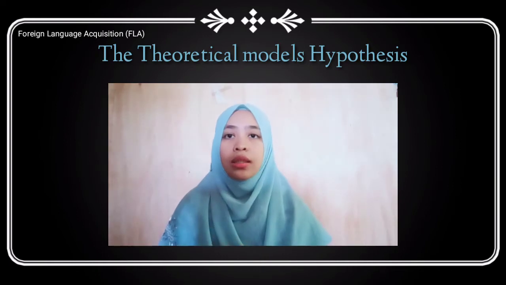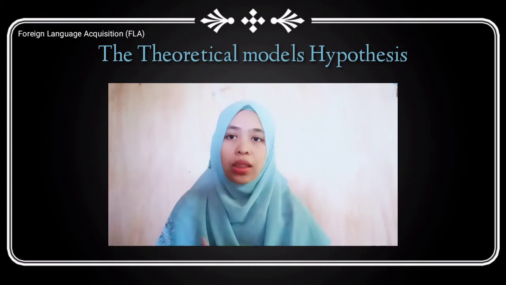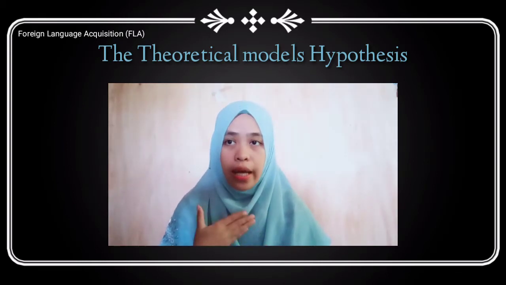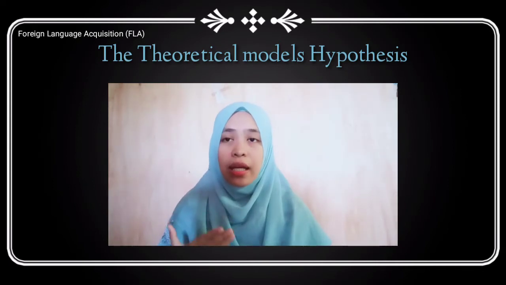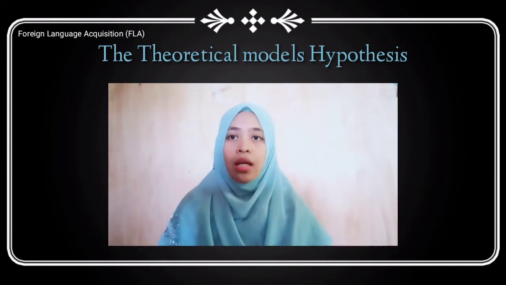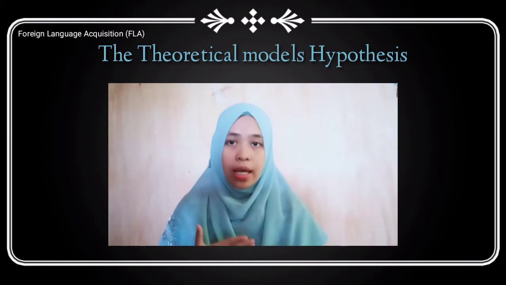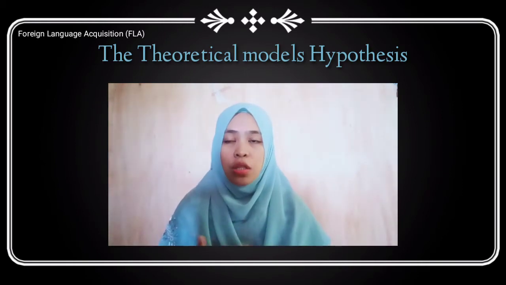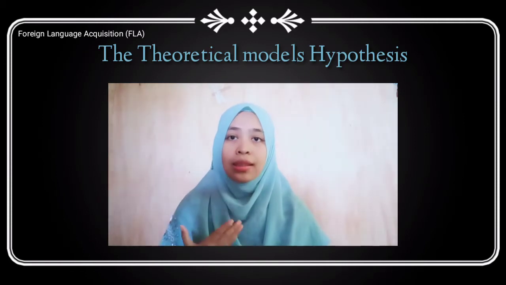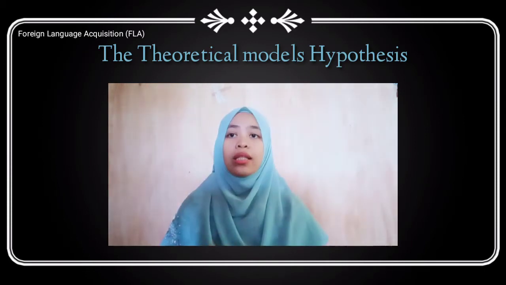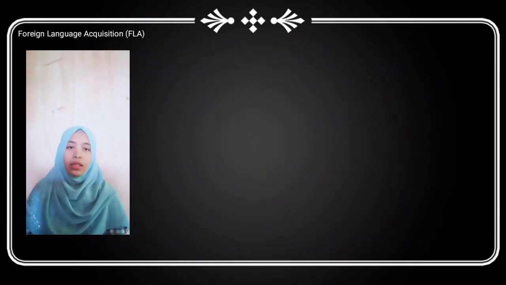I consider the implication of the theory to several issues: second language aptitude, first language interference in second language performance, the role, routines and patterns, individual variations, and age differences in second language rate and attainment. Okay, the theoretical models hypothesis.